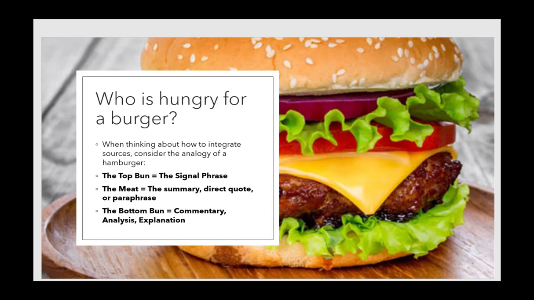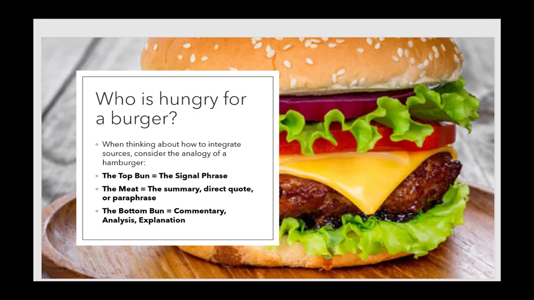The meat of the hamburger is, of course, one of the three methods that I just described. That might include summary, direct quotation, or paraphrase. Each of those on its own will have its own methods of how you will integrate it. Nevertheless, they will still have some of the same characteristics. The bottom bun, of course, is the commentary, analysis, and explanation.